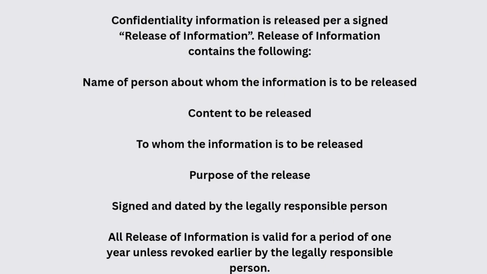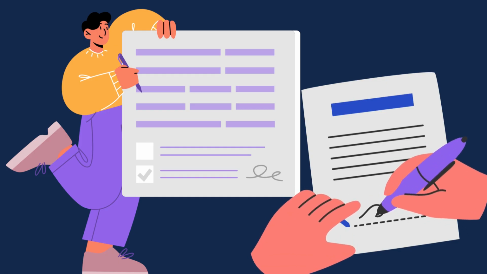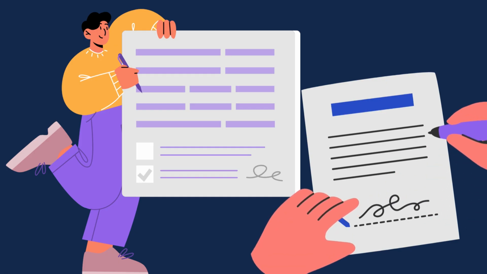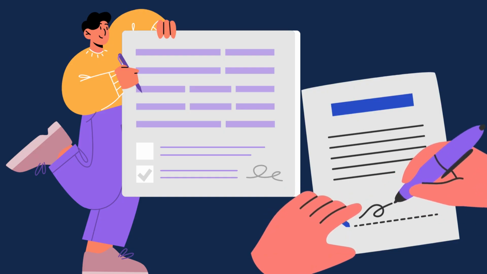Crucially, the form must be signed and dated by the person who is legally responsible for the client. Once authorized, these releases remain valid for a period of 1 year unless they are revoked earlier by the legally responsible person. This process gives you total control over who has access to your personal information.